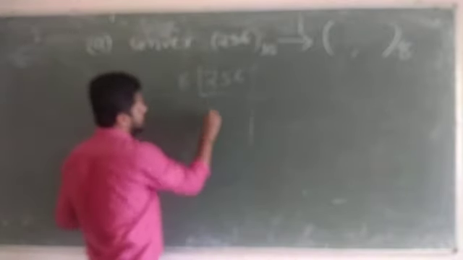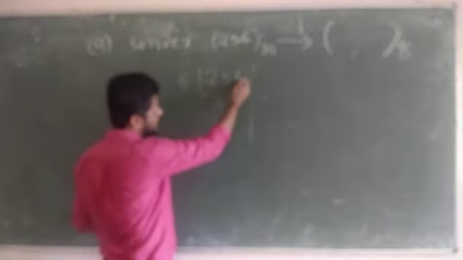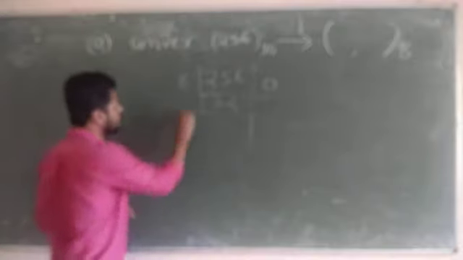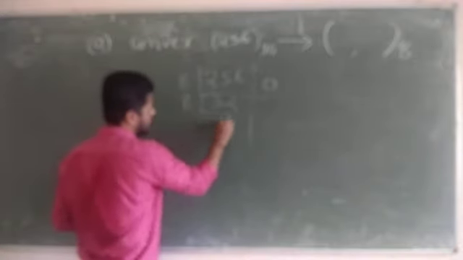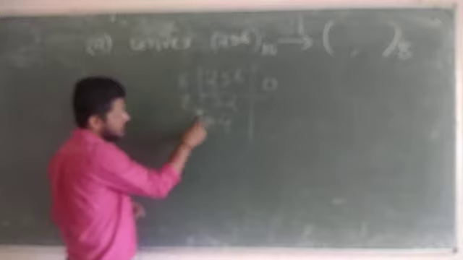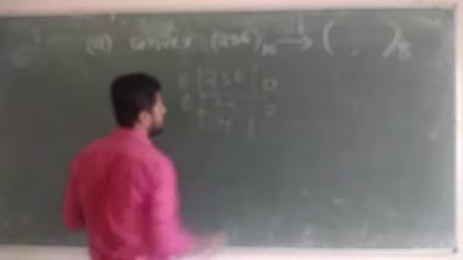So 8 3s are 24. That means 1 is remaining. 1 into 16, that means 2, so the remainder is 0. Then 8 into 4, that means 32. So 32 minus 32, the answer is 0.